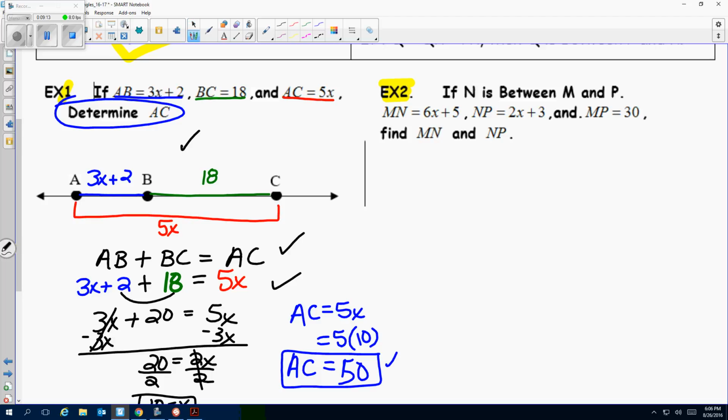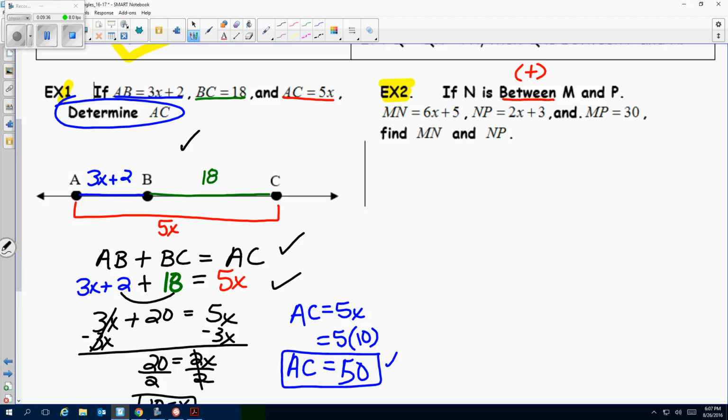Now, on our next example, I do need you to copy this down. You can pause the video to get it copied, but I'm going to go straight into explaining it. We're going to pay attention to the key words, which are N is between. Whenever I see the word between, you need to be thinking addition, segment addition postulate.